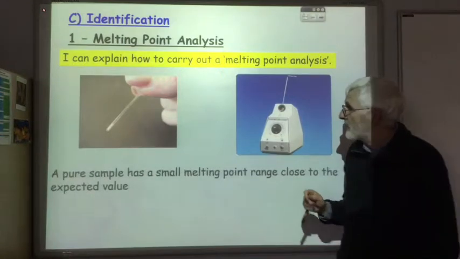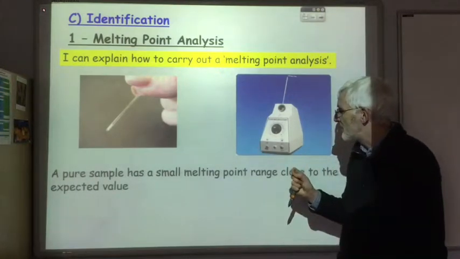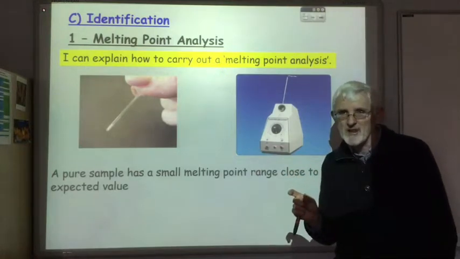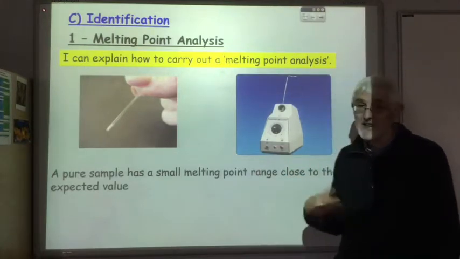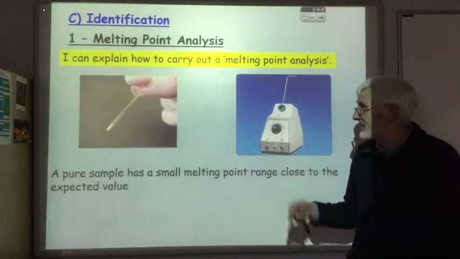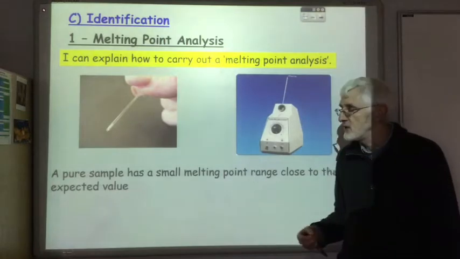So if we've got a pure sample, it should have a very small melting point range, 1 or 2 degrees at the most, and it should be close to the expected value, because we can look up a book and see what temperature our aspirin, say, should melt at.